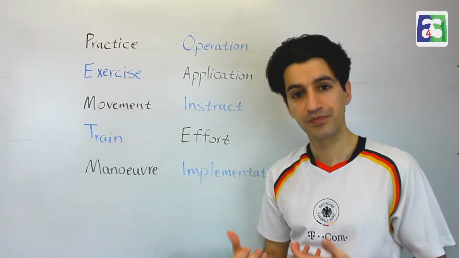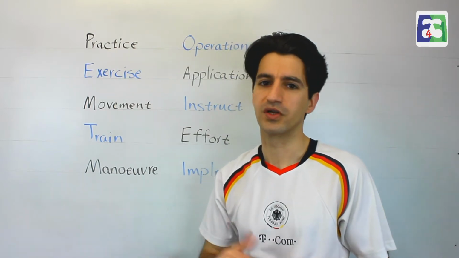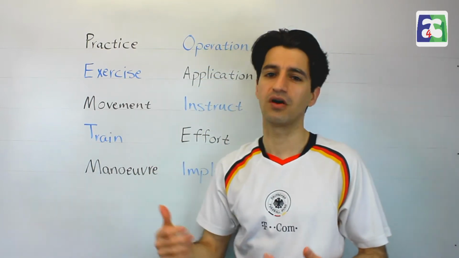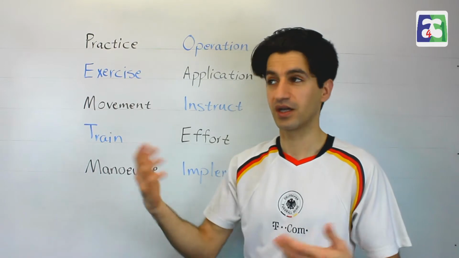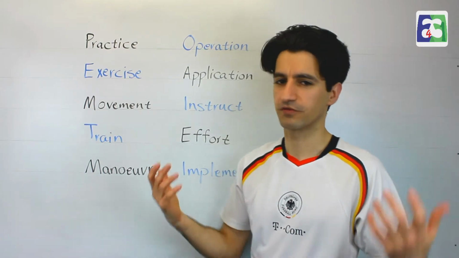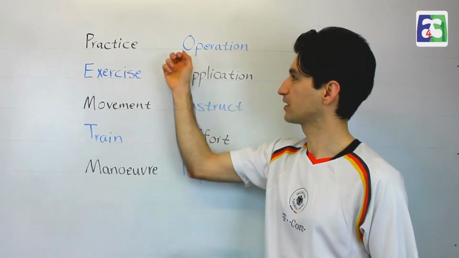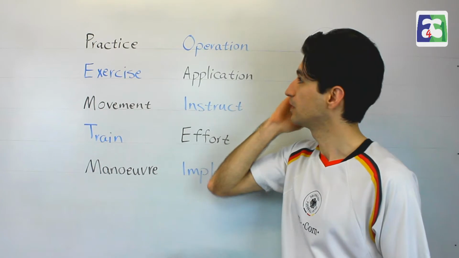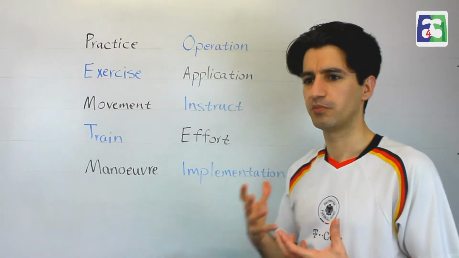Operation also has a meaning to itself, and when you go through a surgery, you can call that an operation. I had an operation on my knee, or he had an operation on his back, or something like that. So that is a meaning that this one has and none of the others. But operation also means to be in effect, to be in act.